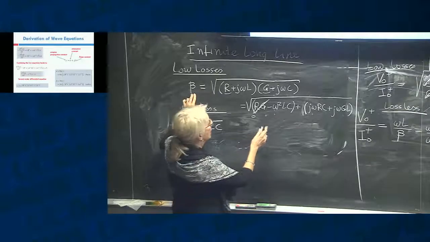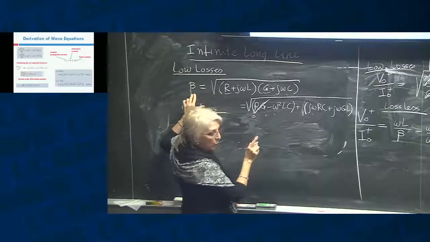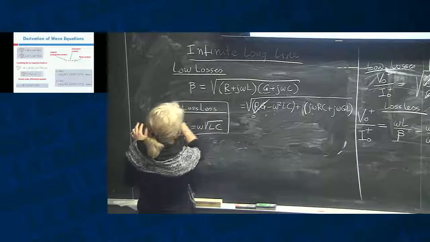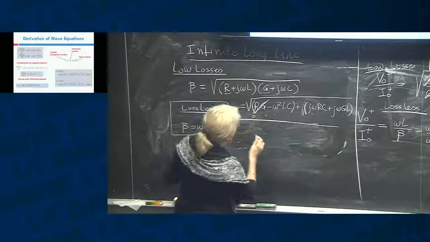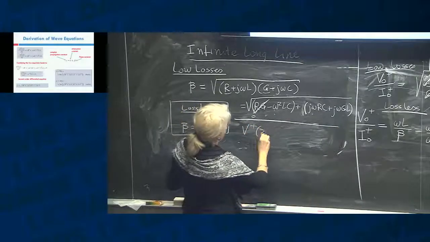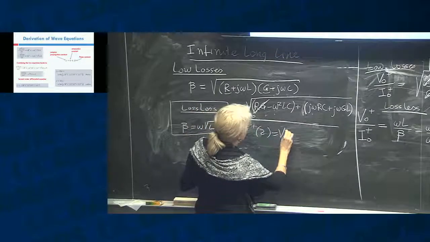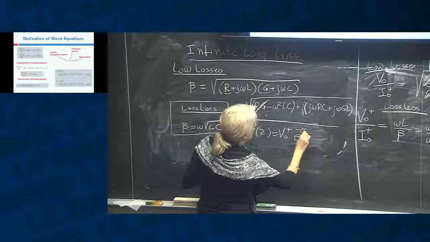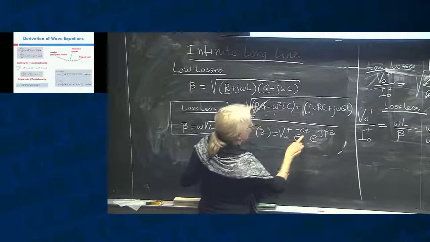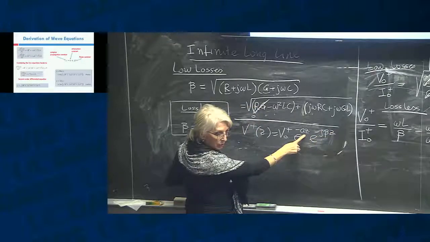But then you will have a small component that are the losses. And in this case, your waves will look as follows. V plus of z will be V naught e to the minus alpha z, e to the minus j beta z, where alpha is the loss factor.